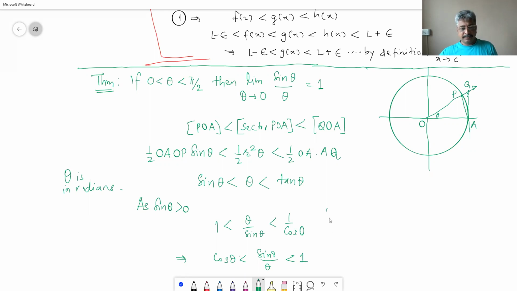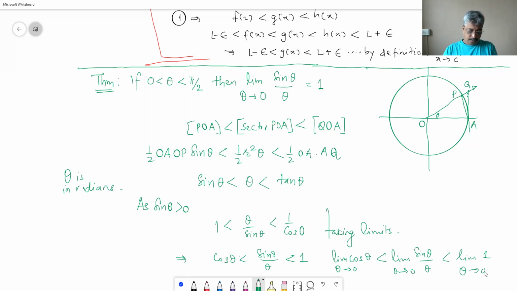Now taking limits of all the three, we get limit cos theta as theta tends to 0 is going to be less than limit sine theta upon theta, which is going to be less than limit 1 as theta tends to 0.